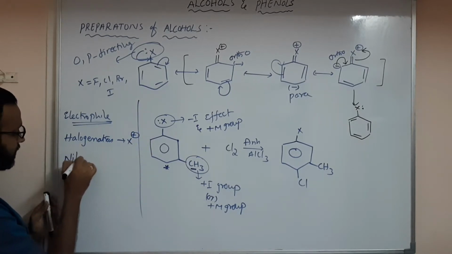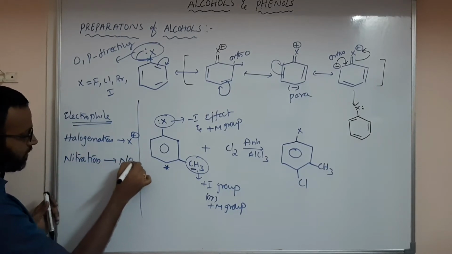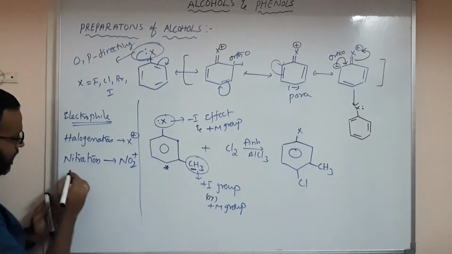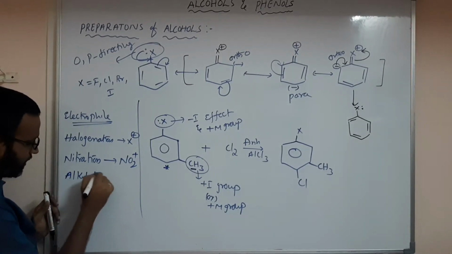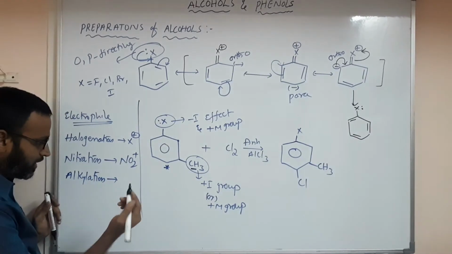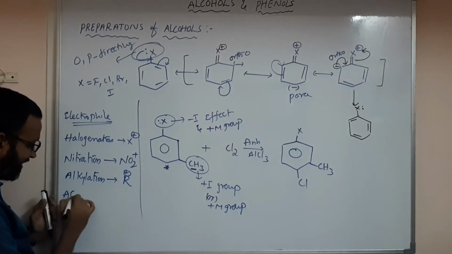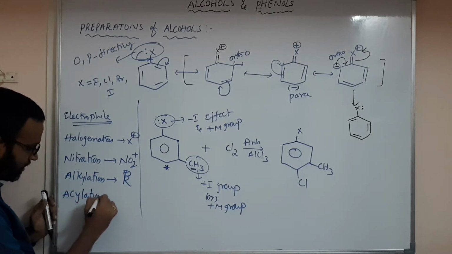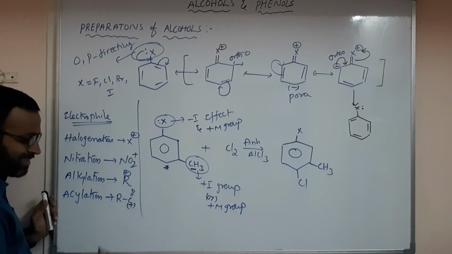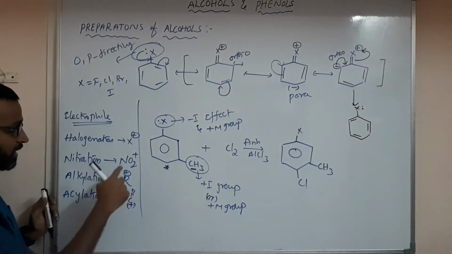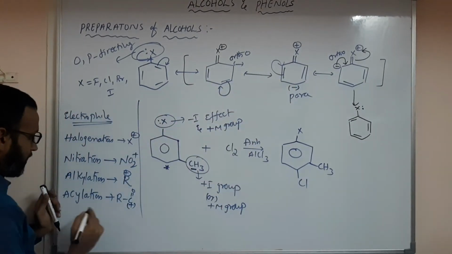In nitration, NO2 plus is the electrophile. In alkylation, which we call Friedel-Crafts alkylation, I was explaining previously, it is simply R plus. And in acylation, the electrophile is RC double bond O plus. These groups will substitute either at the ortho position or the para position.